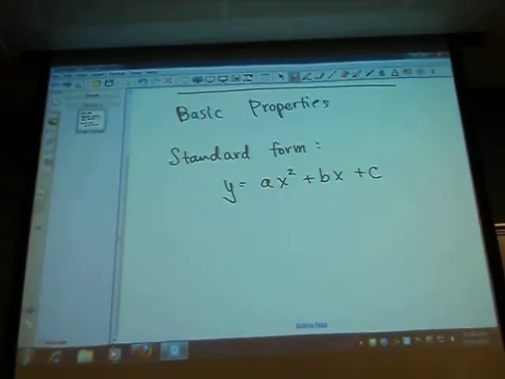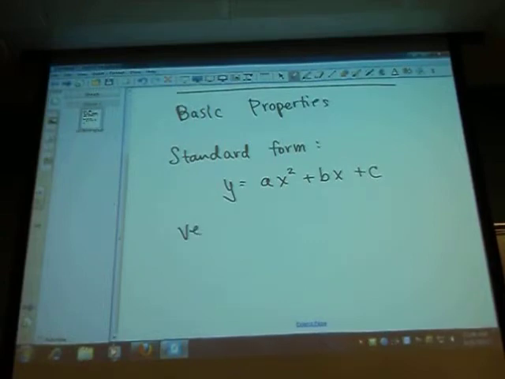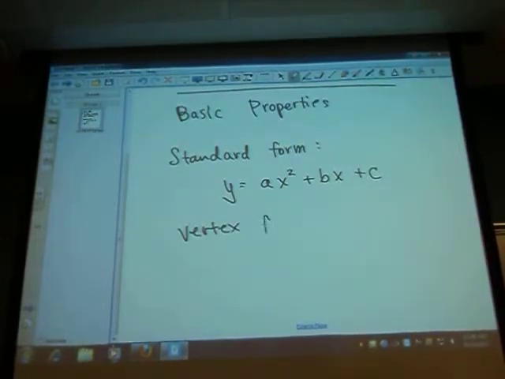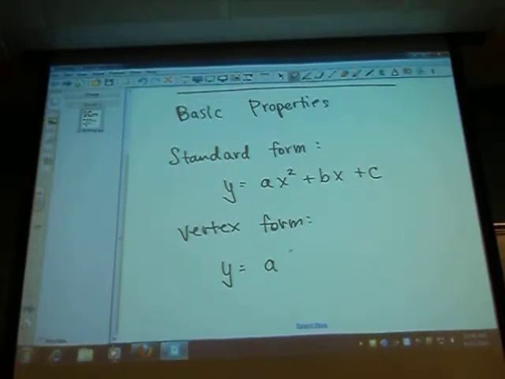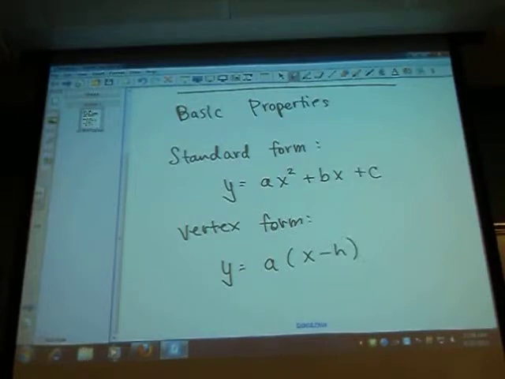The other way they can write this is in what is called vertex form. Vertex form is y equals a times (x minus h) squared plus k.